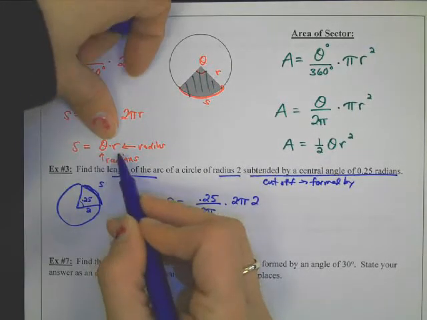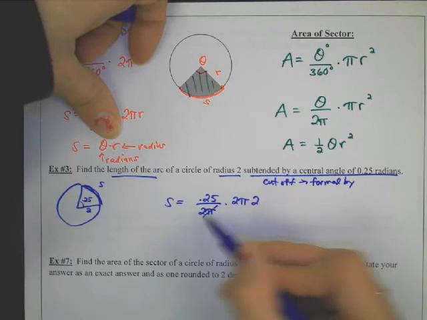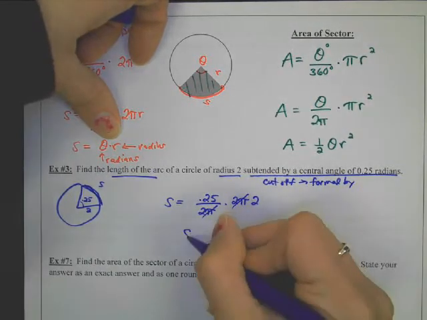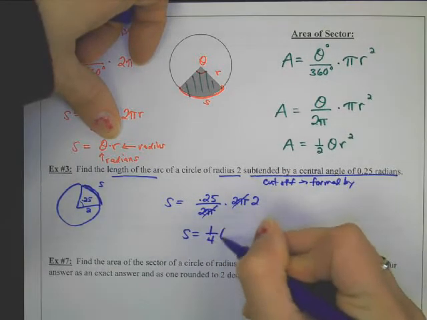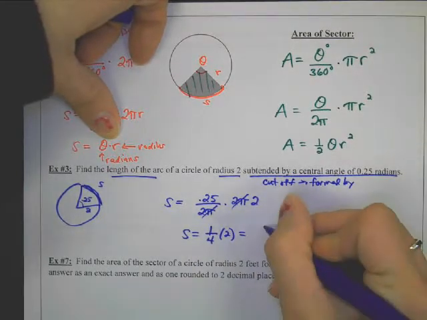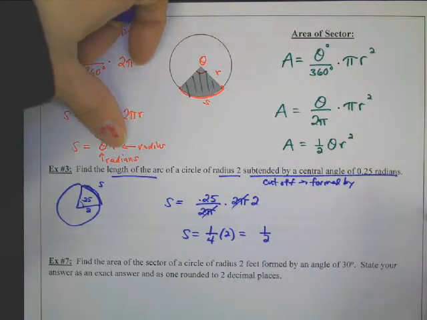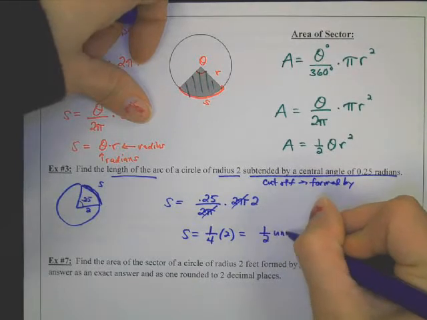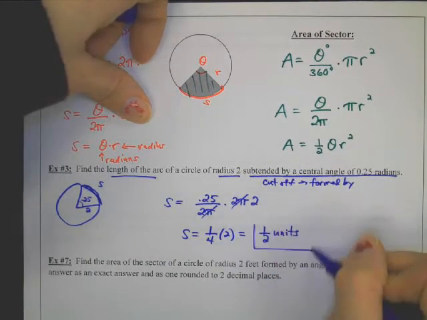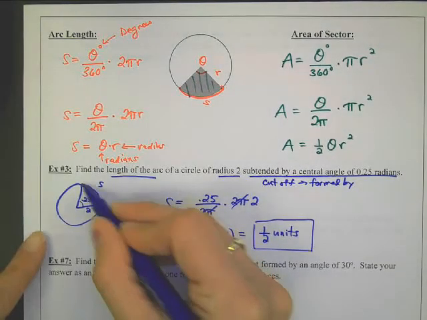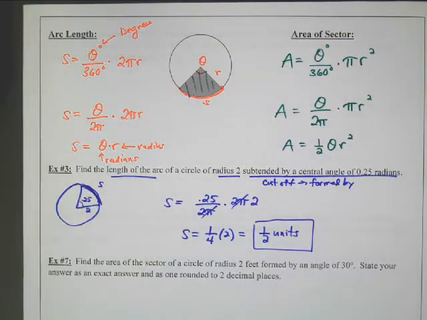We could have used radians times radius, because both of those 2 pi's just cancel out. And so what is 1/4 of 2? Well, it's just simply 1/2. And I don't see any units, so I'm just going to say 1/2 units. If the problem said feet or meters, then I'd say 0.5 meters or 0.5 feet.